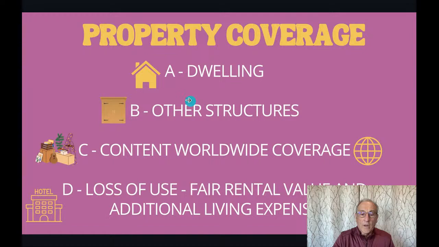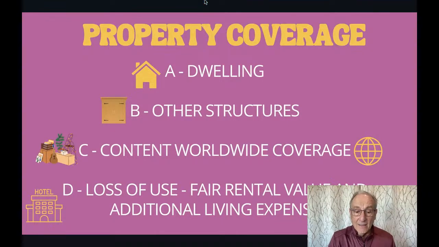Now we get where it's a little bit different. Do you remember in the dwelling policies, there was D and E, fair rental value and additional living expenses were different coverages on the dwelling policy. They were D and E. In the homeowner policy, we put the two together and call it D, loss of use.